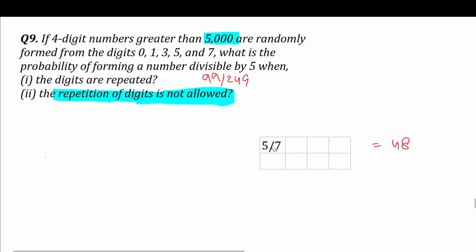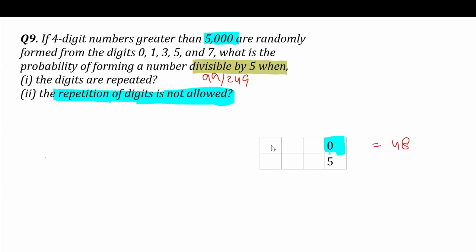Now coming to the probability part, it says it should be divisible by 5. Then both conditions, that means greater than 5,000 but divisible by 5. Now what we know is that for a number to be divisible by 5, we have two conditions. It should be ending with either 0 or 5. Let's take the first condition when I have placed 0 at the unit place.